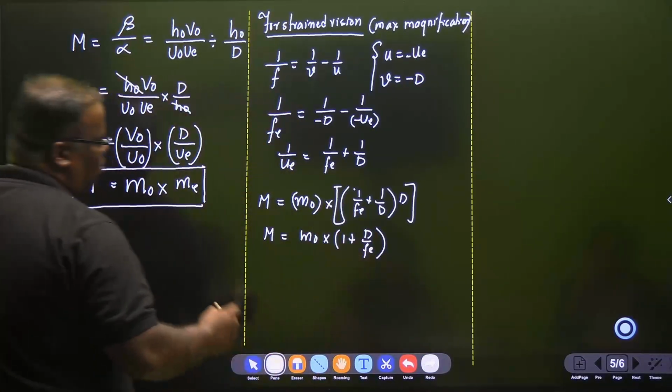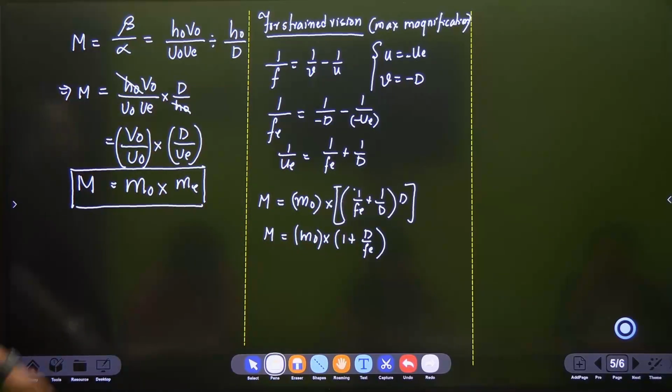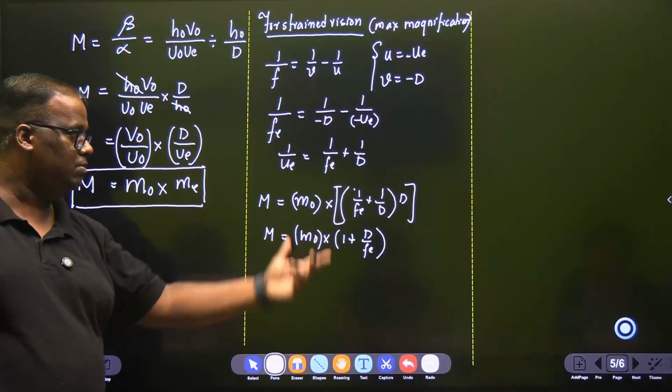Same, just you get a maximum. Just the eyepiece value. The same thing comes here.